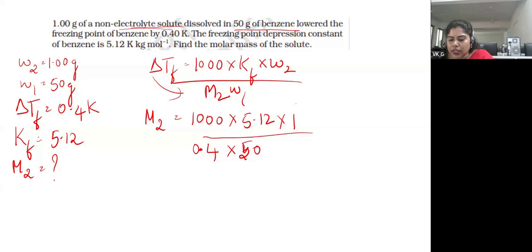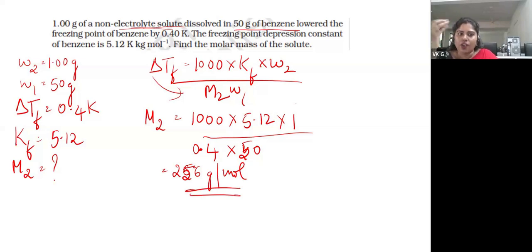And once you get the answer, you will go through all the formulas. You get it as around 256 gram per mole as the answer. If I'm not wrong, 256 gram per mole. Hope it is easy to solve. How to crack the question? I hope you understood the way of understanding the question. Yes.